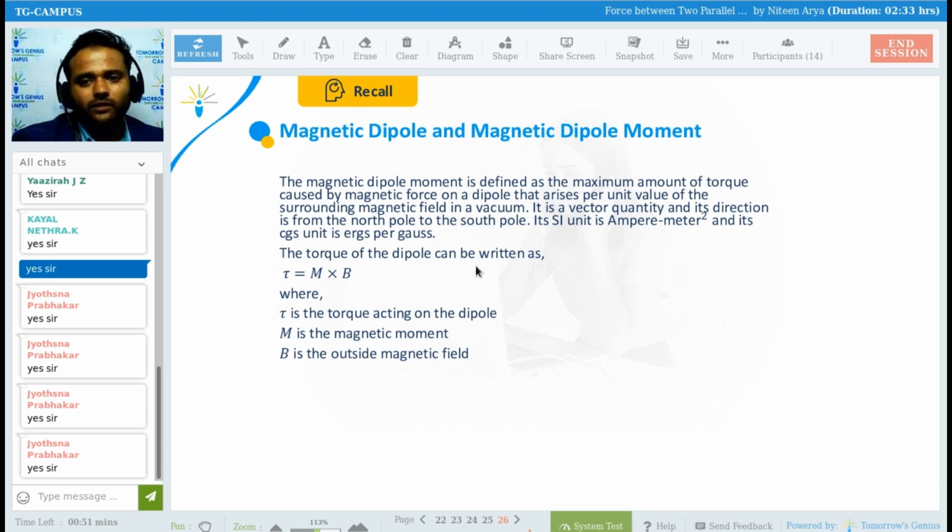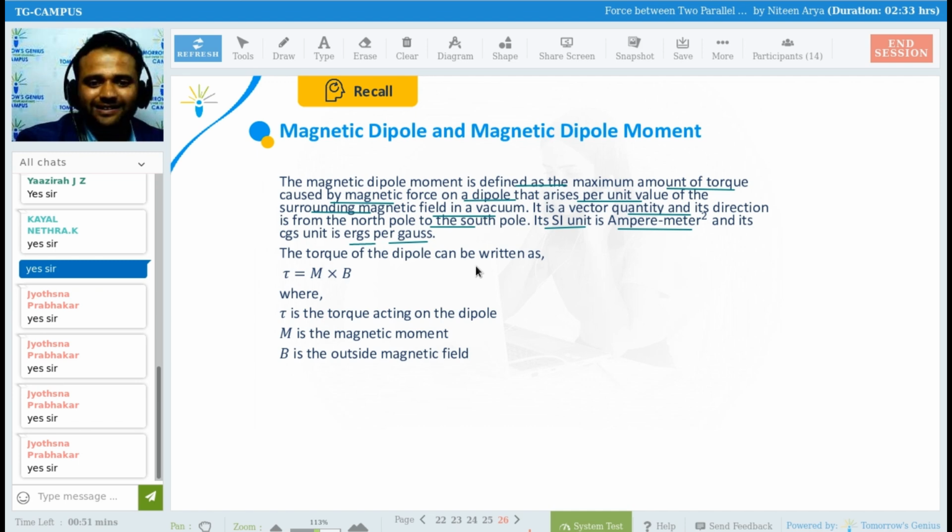The magnetic dipole moment is defined as the maximum amount of torque caused by a magnetic force on a dipole, per unit value of the surrounding magnetic field in a vacuum. It is a vector quantity and its direction is from north pole to south pole. Its SI unit is ampere meter square and its CGS unit is erg per Gauss.